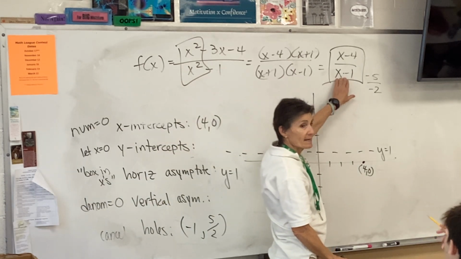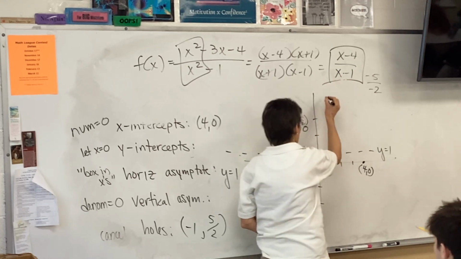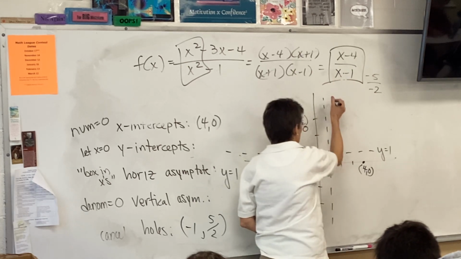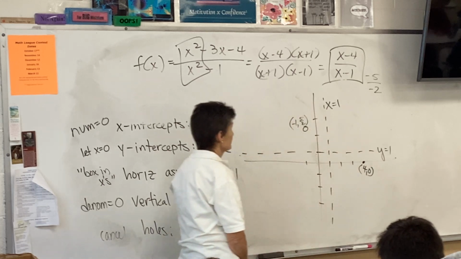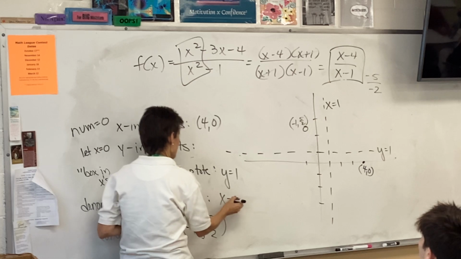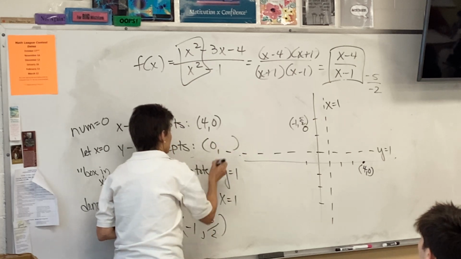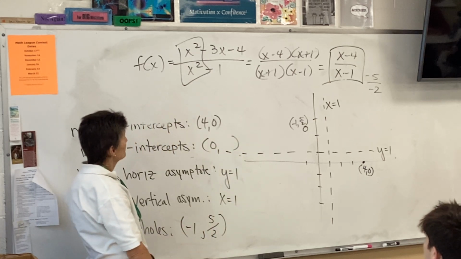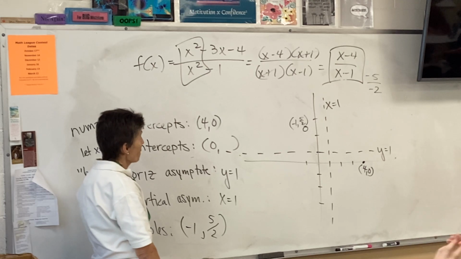Where's my vertical asymptote? At x equals 1. Where's my y-intercept?